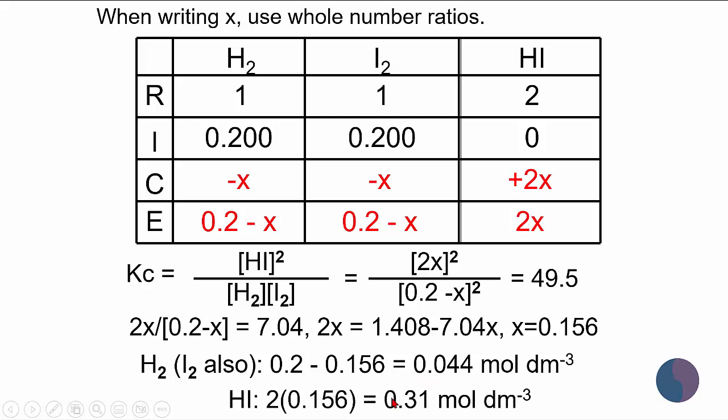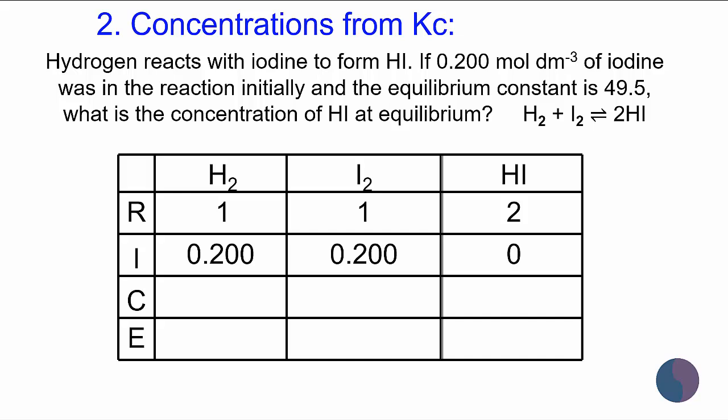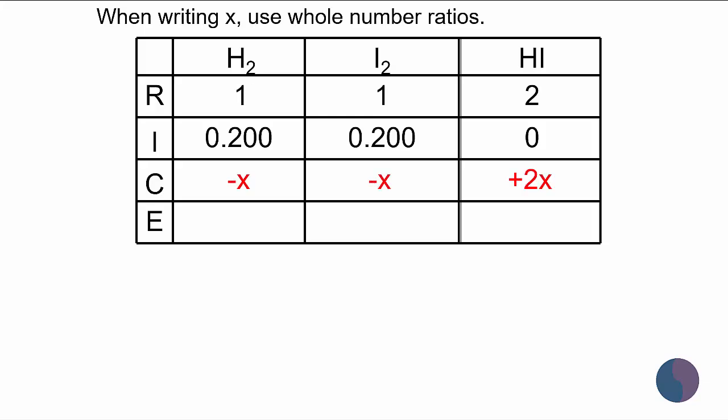Oh, and the HI I didn't work out as well. So 0.2 minus that number, and then 2 times 0.2, 2 times this number. Okay, don't forget to do the final thing. I think that's what the question was asking. I lost what the question was. Find the final concentration of HI. So it didn't ask for the other two, but I gave it anyway.